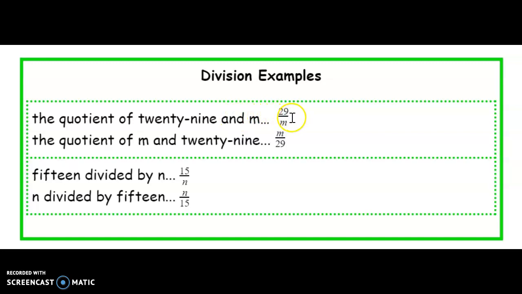We're going to put our fraction bar down because we know that the fraction bar means to divide. Our 29 is on the top and our variable m is on the bottom. In this one, the quotient of m and 29, m becomes our numerator because it's listed first, and 29 becomes our denominator.